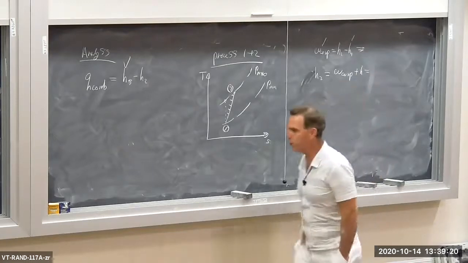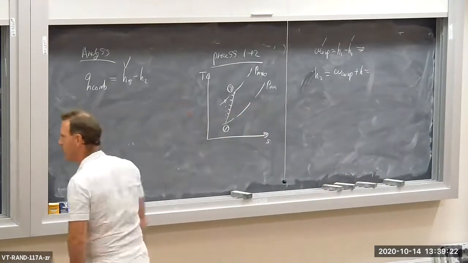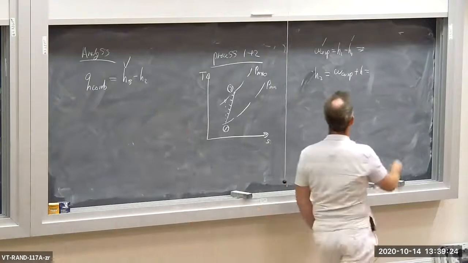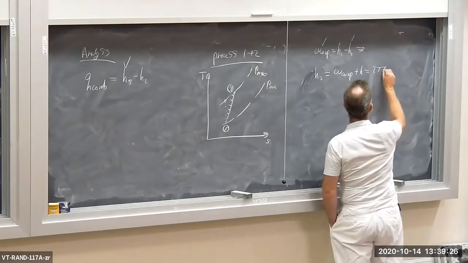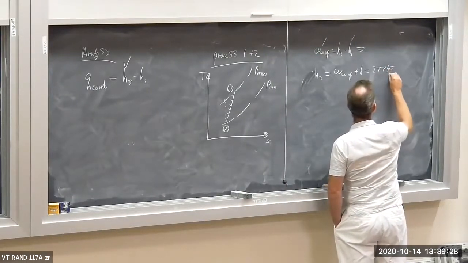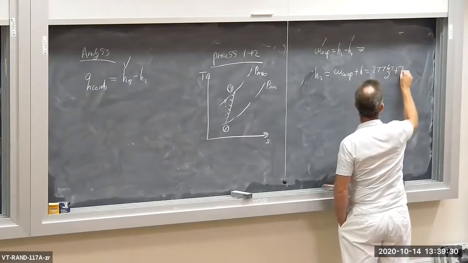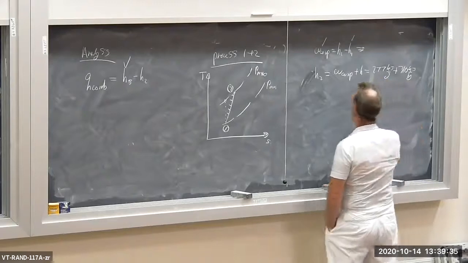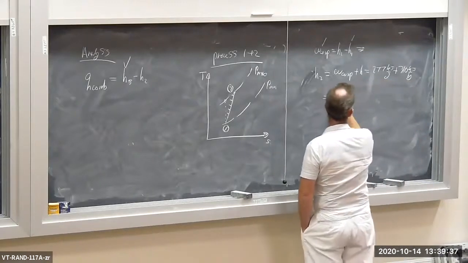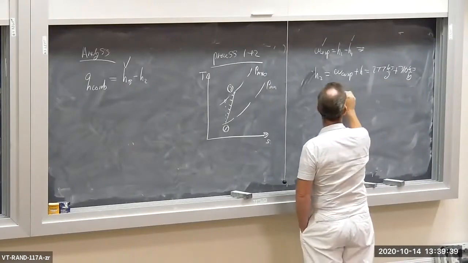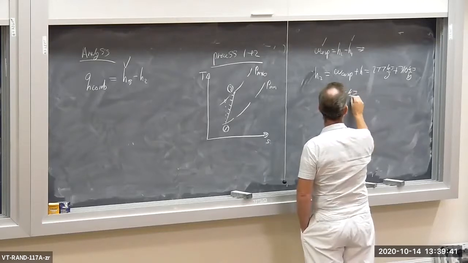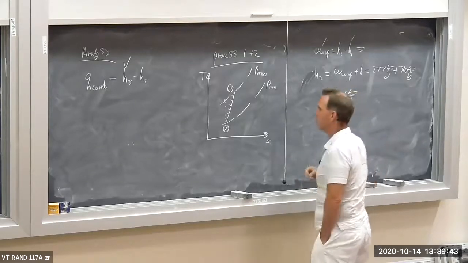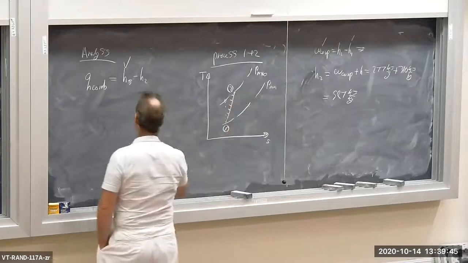The specific compressor work was 277 kilojoules per kilogram, and h1 was 310 kilojoules per kilogram, so h2 is equal to 587 kilojoules per kilogram. So now I have h2.